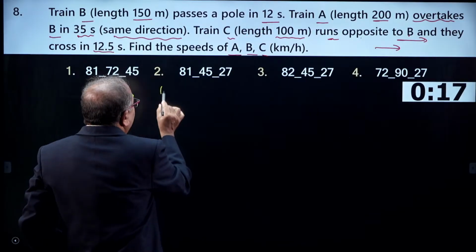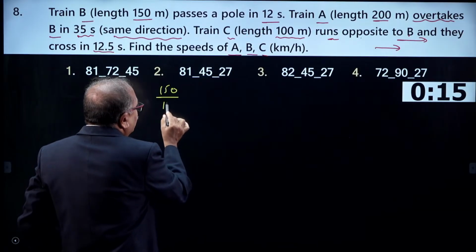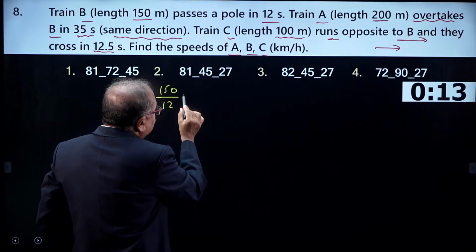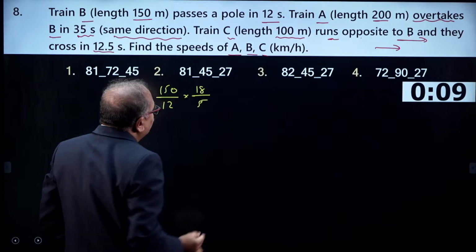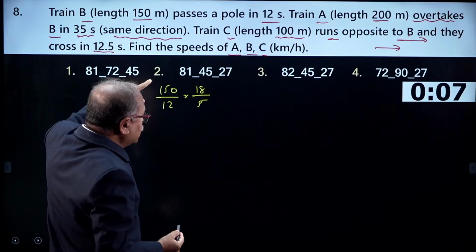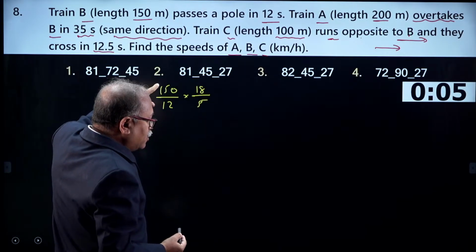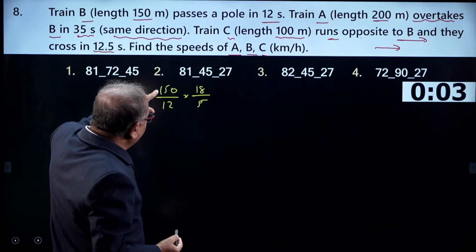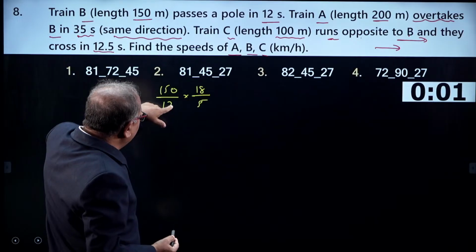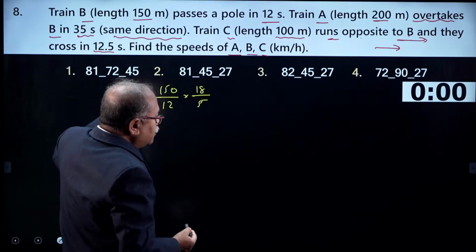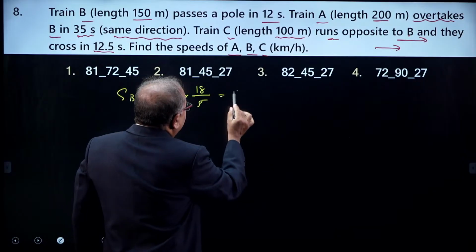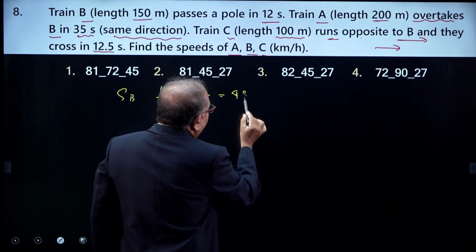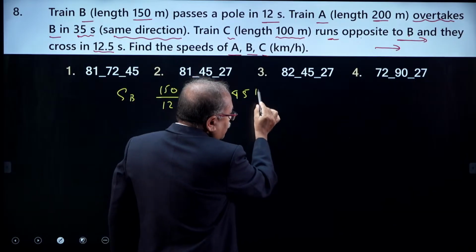So that means 150 by 12, and that in kilometer per hour into 18 by 5. So this gets cancelled how many times? That is 150, 12 and 18, and this comes 45. Will it be 45? 45 kilometer per hour.